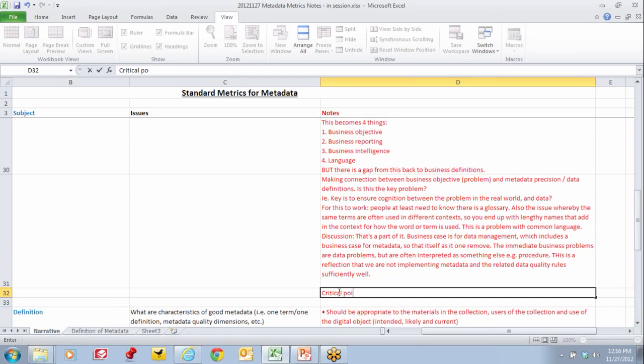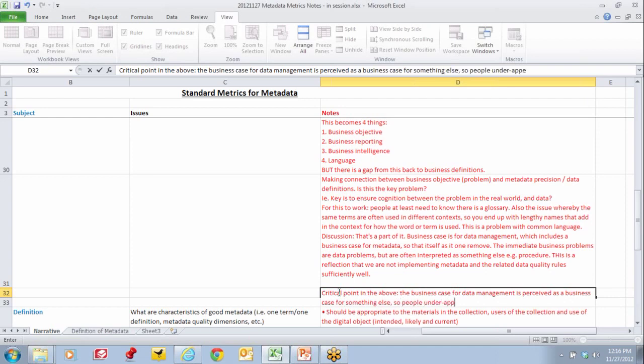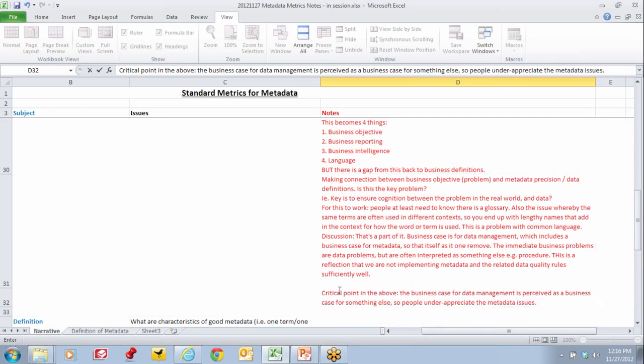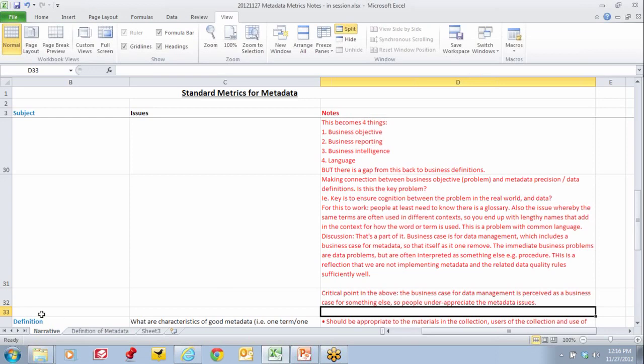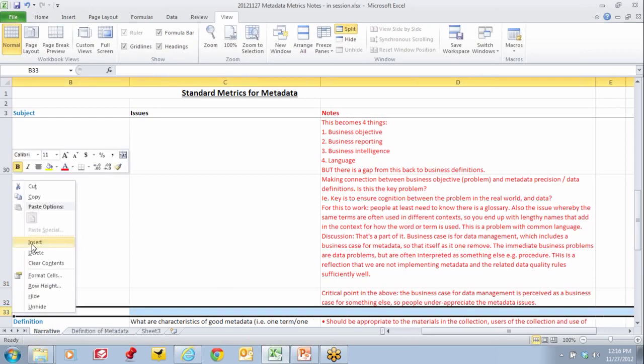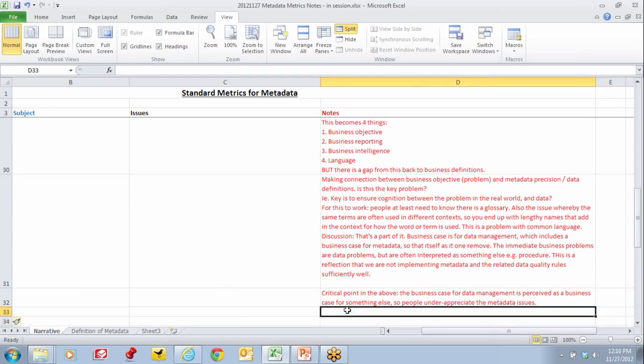I think that's a part of it. I think the other, well, it's really the business case for data management, but since data management requires metadata, I think it's at a secondary remove, the business case for metadata, which is that we encounter a large number of business problems that are actually caused by data problems, but they get treated as being something else, like procedural problems or personnel issues.